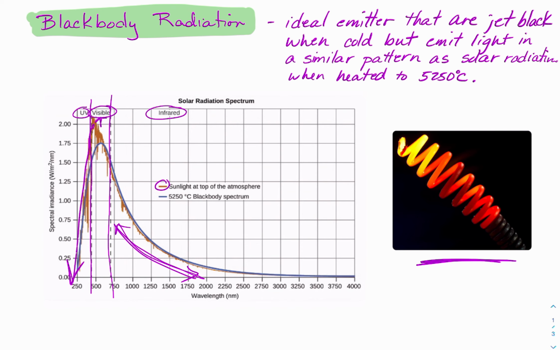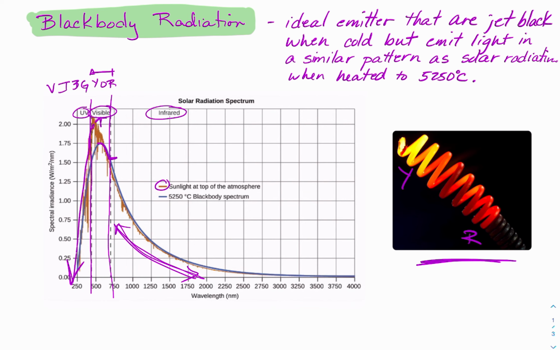If you remember ROYGBIV, you have temperatures that are lower in the R section, and as you move up, you move closer to the Y. This is why you have yellow color versus red color down here. Red would be colder, yellow would be hotter.